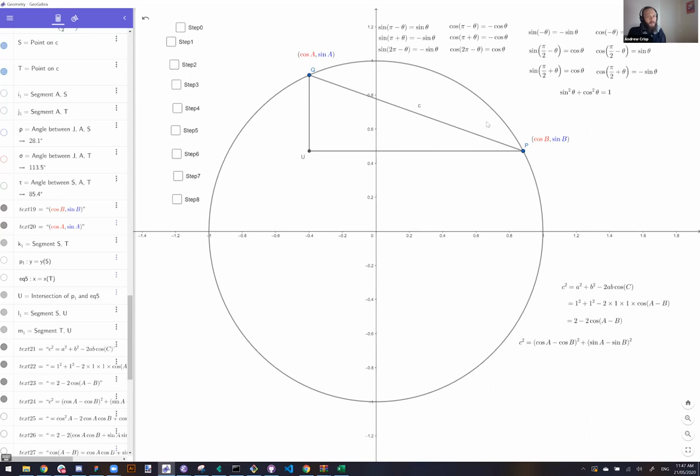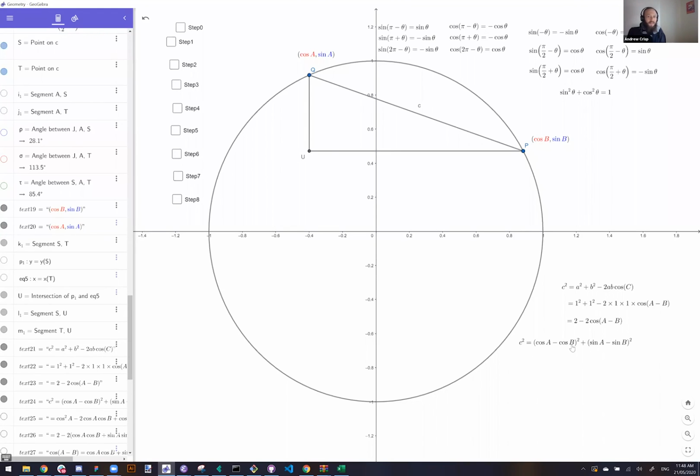So this squared is equal to the x2 minus x1. So if I take cos A, which in this case is a negative value, and then subtract cos B, I get the entire length like this.